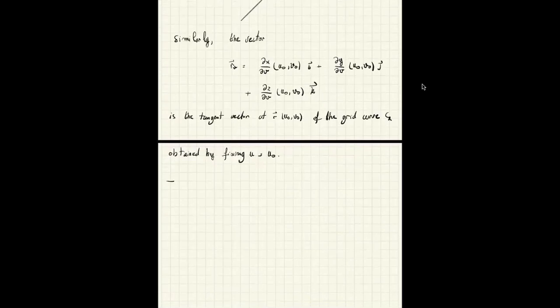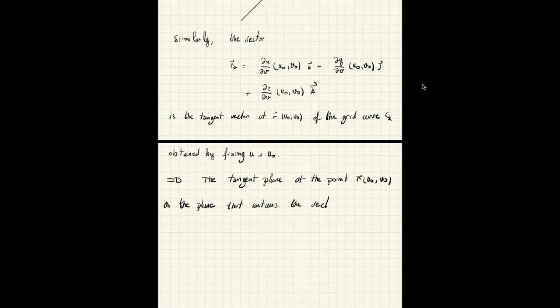Now, the tangent plane at the point r(u0, v0) is the plane that contains the vectors r_u, r_v, and the point r(u0, v0).